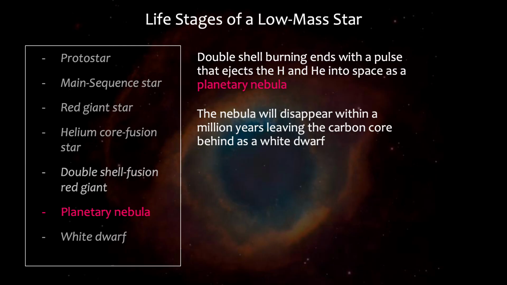A planetary nebula will fade as the exposed carbon core cools and the ejected gas disperses into space. The nebula will completely disappear within a million years, leaving the carbon core behind.